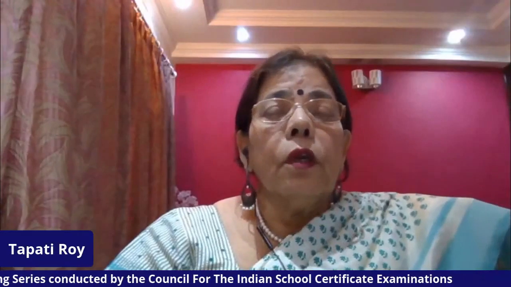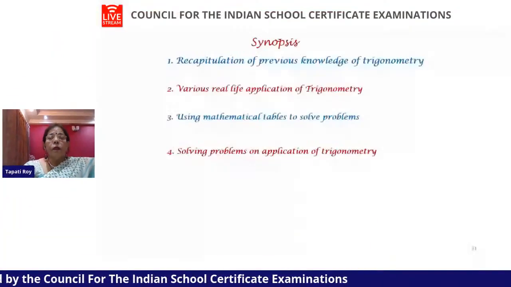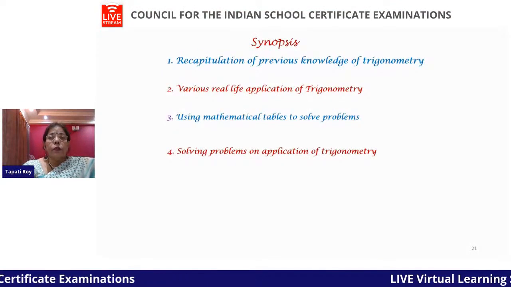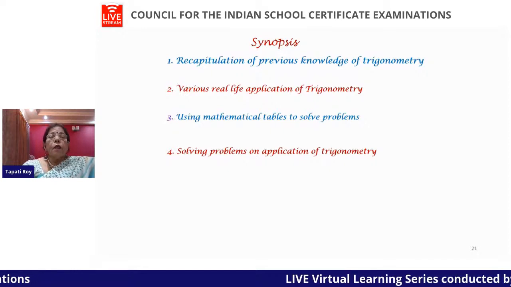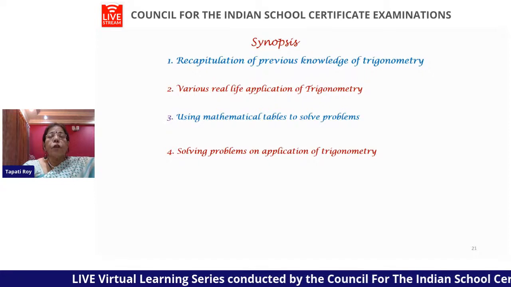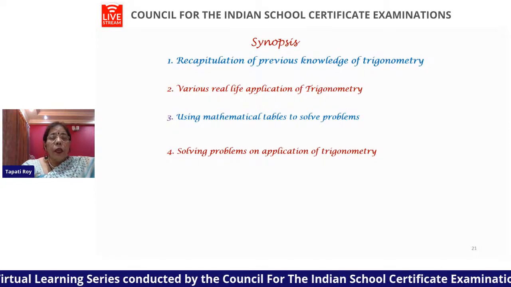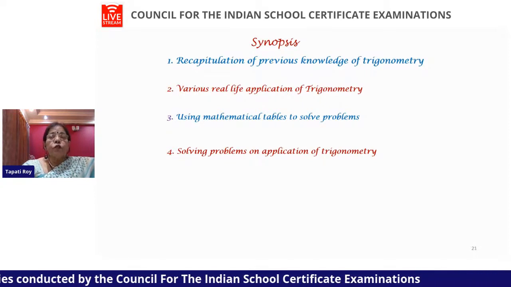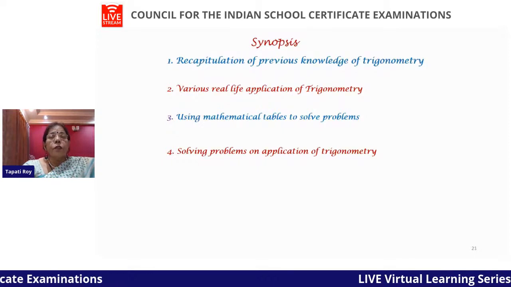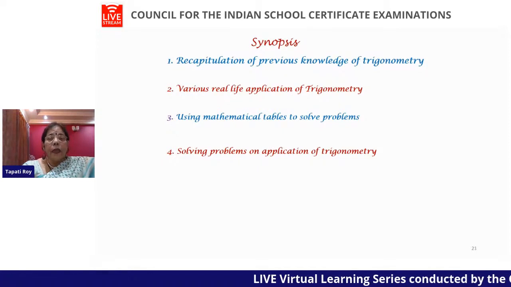Let us just brush up on all that we have done. We have done a recapitulation of all the basic trigonometric concepts. Then we discussed the various applications of trigonometry in real life. Then we saw the mathematical tables, which are new to you, and how to use them to find values other than the standard angles.